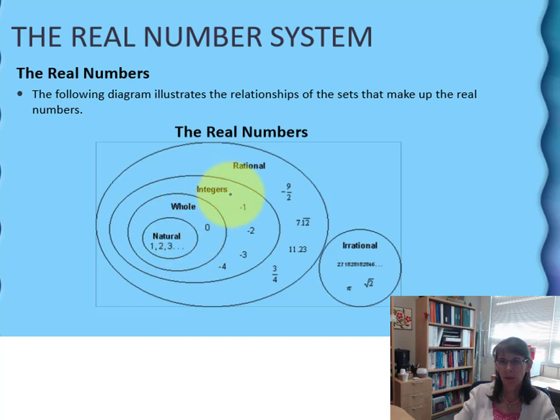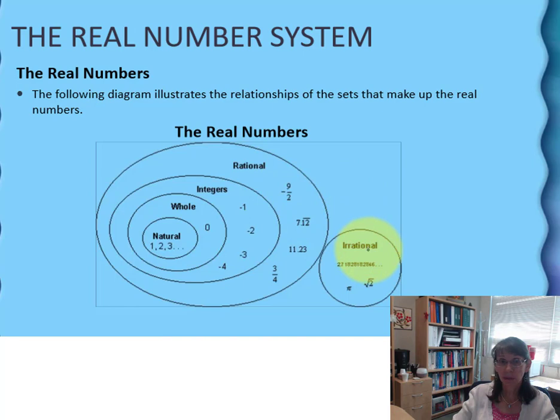The next layer out would be called the integers, which now include negative numbers and 0 and the positive counting numbers. Our next layer out, the rational numbers, include fractions that either have a repeated pattern or they do terminate. Negatives are included. Remember, we can simply divide these by 1 and then they will look like fractions. The same for 0 divided by 1 and all the natural numbers divided by 1.